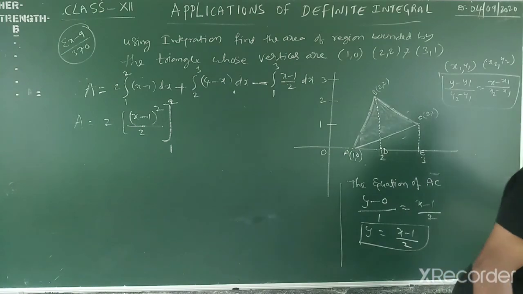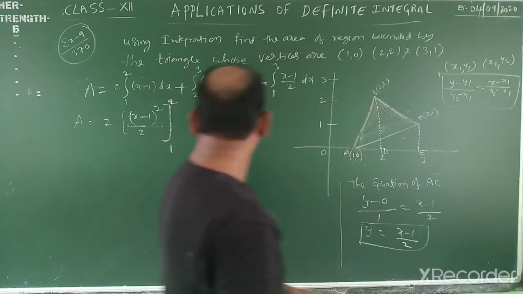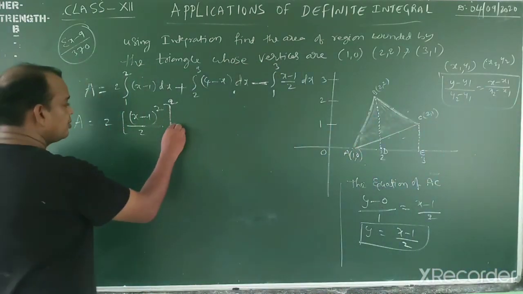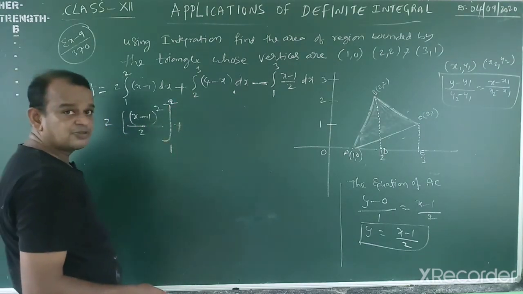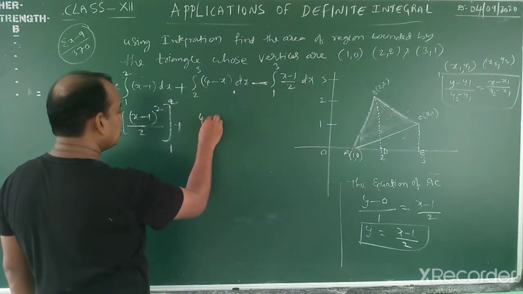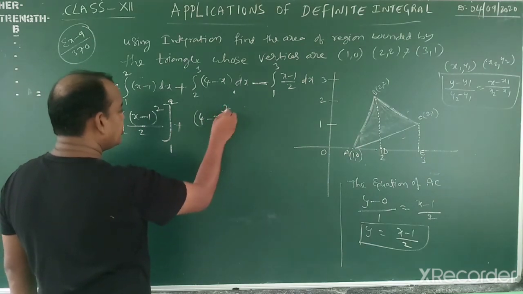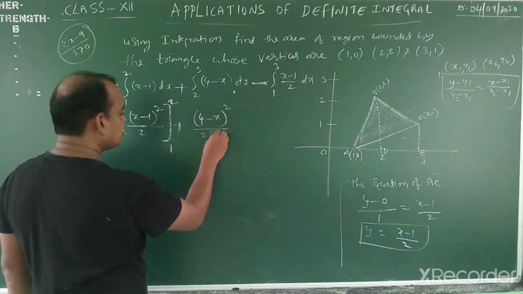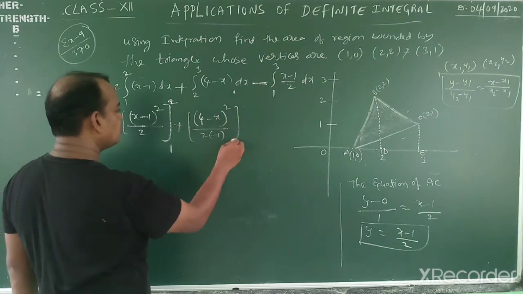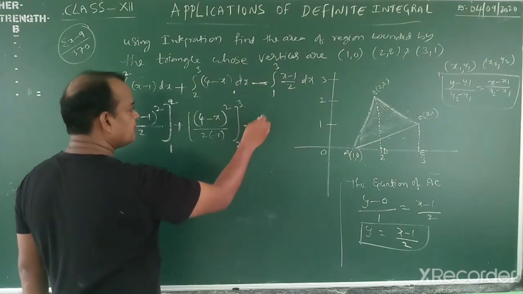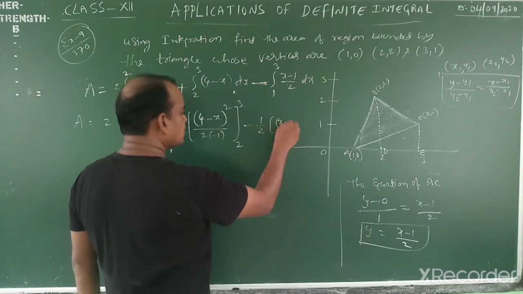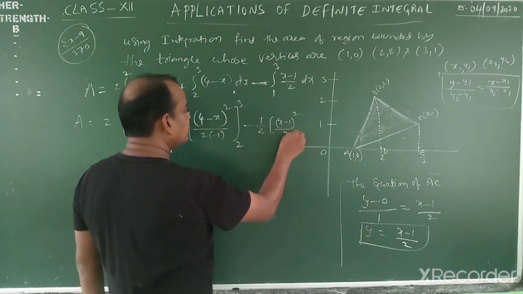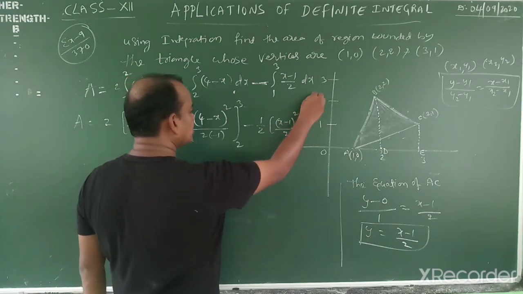Next plus, here 4 minus x is there, same formula. The integral of 4 minus x means 4 minus x whole square by 2 into minus 1, limits 2 to 3. Minus, here 1 by 2 is there. Again the integral of x minus 1 means x minus 1 whole square by 2, limits 1 to 3.